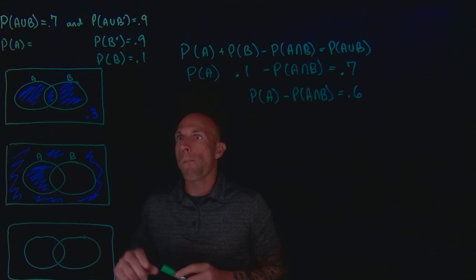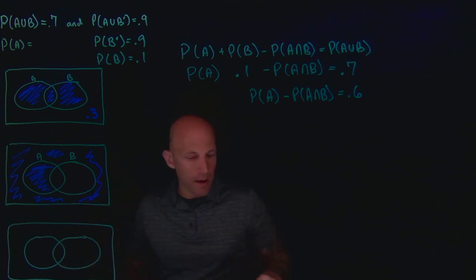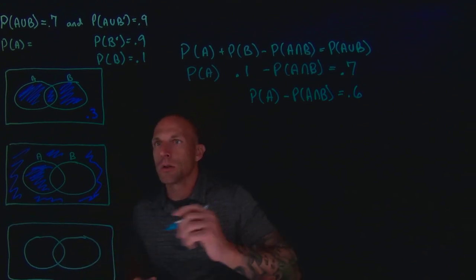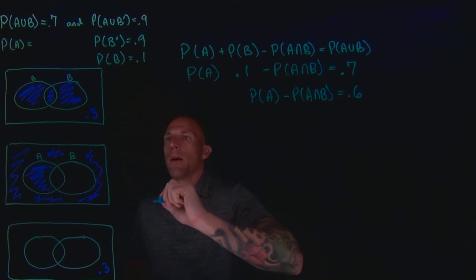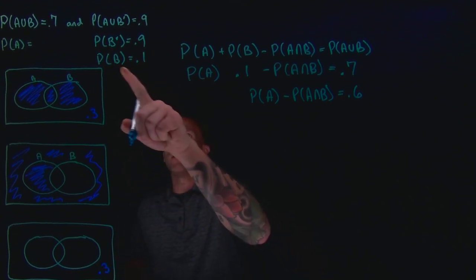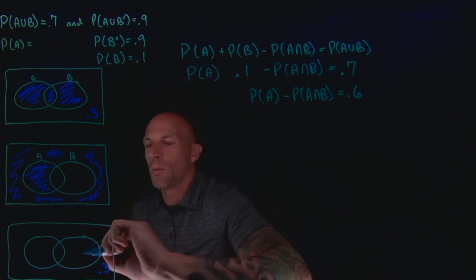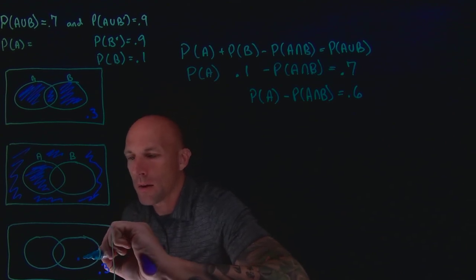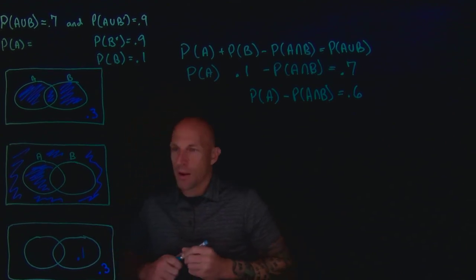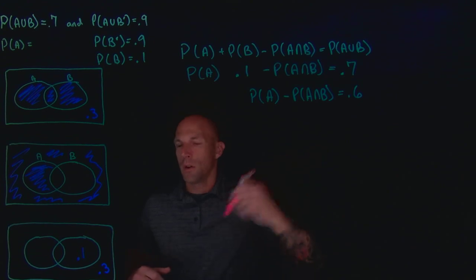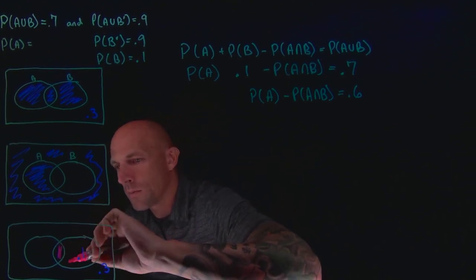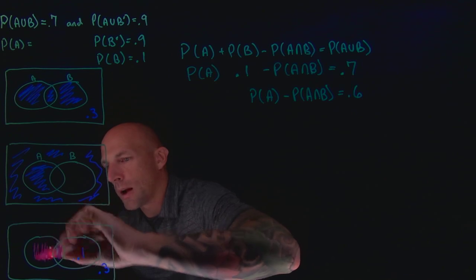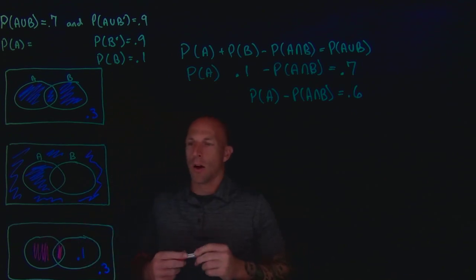So we know that everything outside the circles is 0.3. And we know that B alone is 0.1. So all that leaves is this intersection right here and this right here, the probability of A alone.